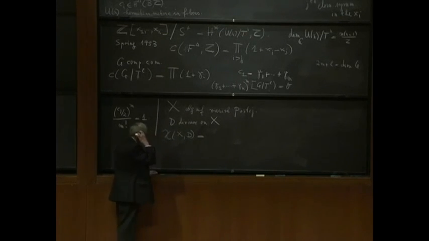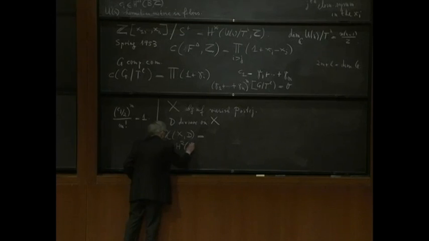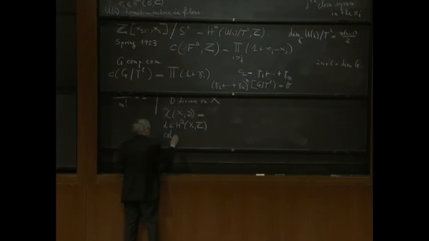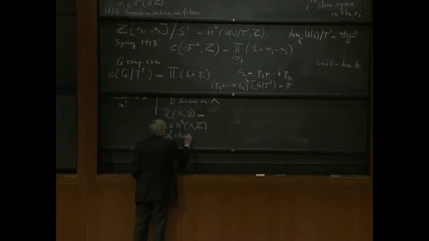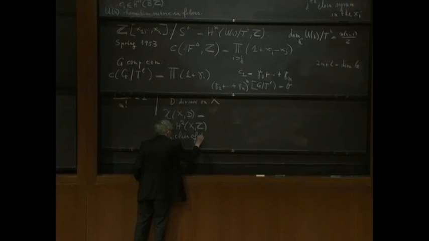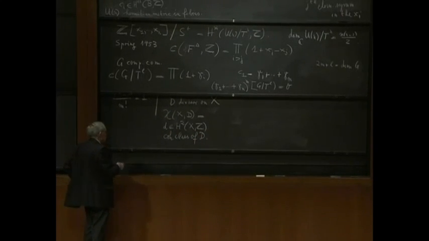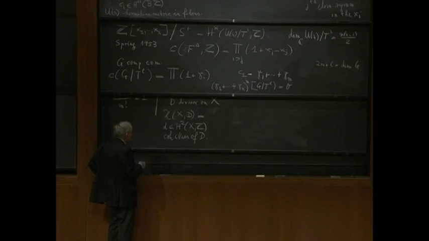But this becomes very simple. Suppose D in H2 of X with integral coefficients is the cohomology class of the divisor. The divisor has topologically codimension 2 and determines the cohomology class.